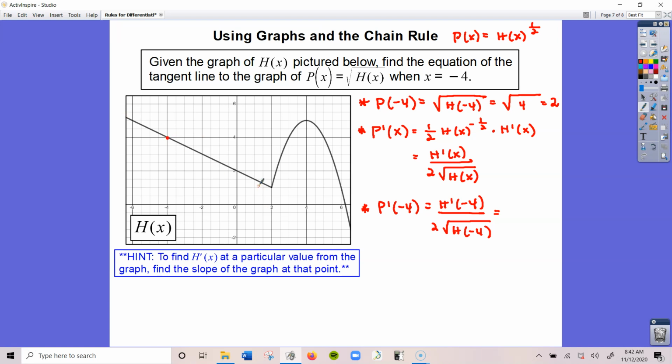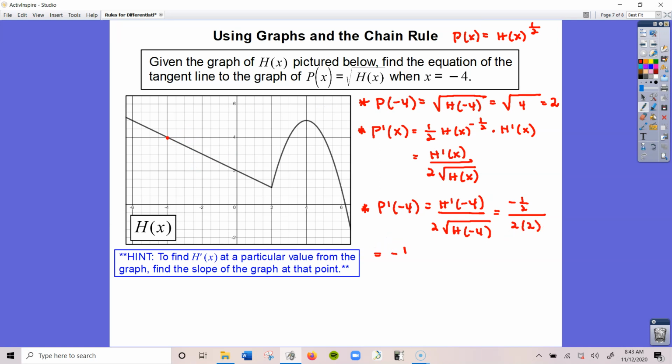This is a line. To find h prime, I need to find the slope of the line, which when I look at it, I have to go down 2, right 4, which is -2 over 4, which can be simplified to -1/2, over 2 times the square root of h of -4, which we had done earlier, that's 2.